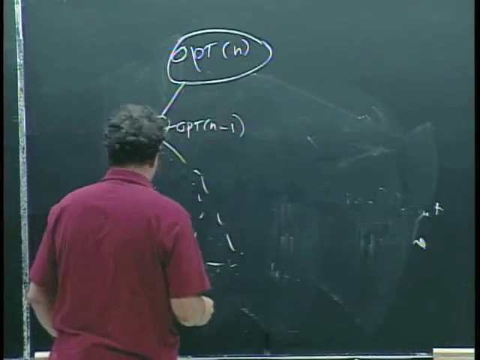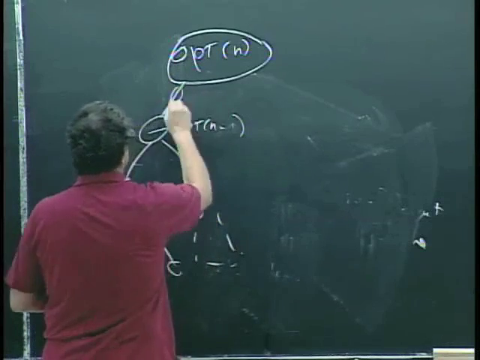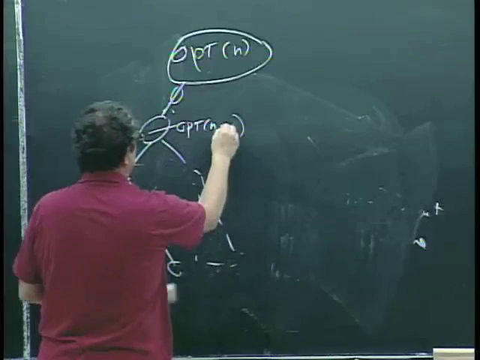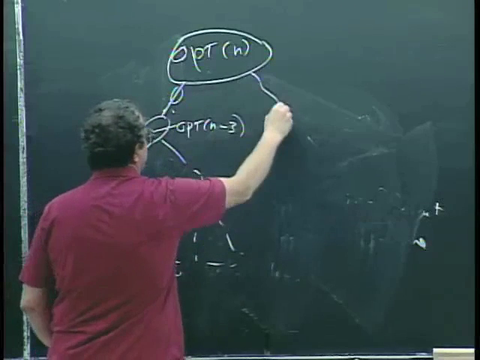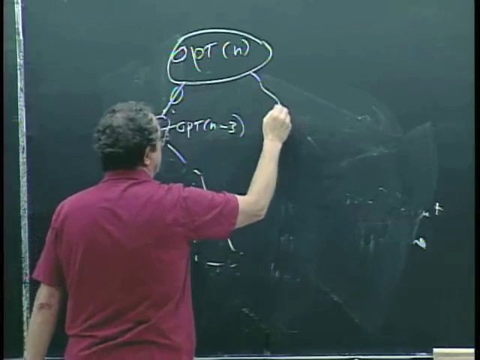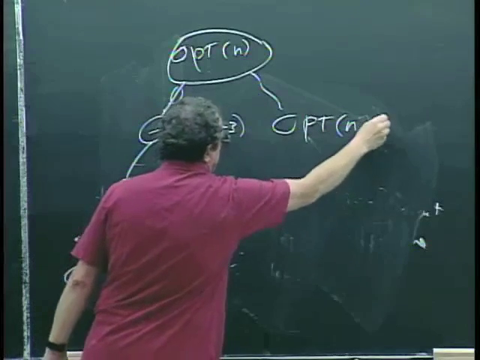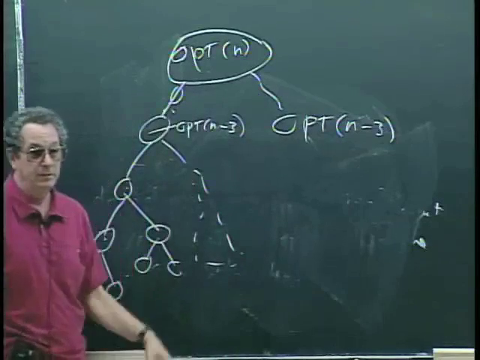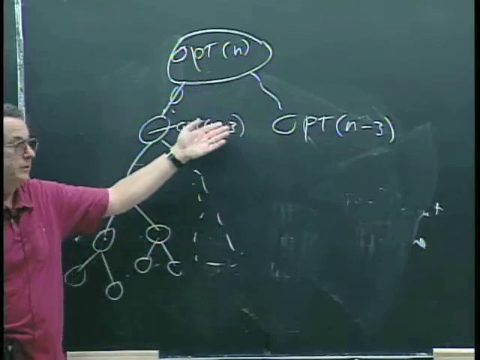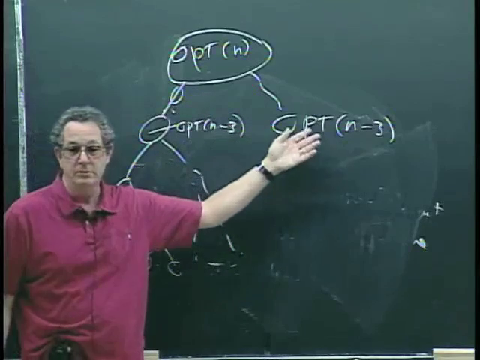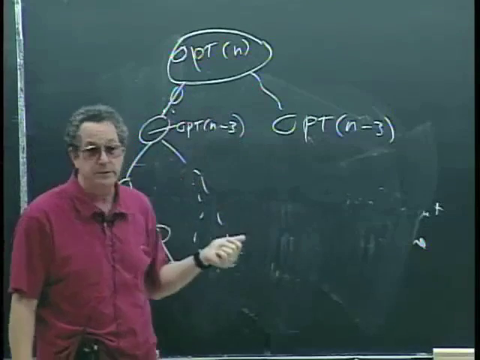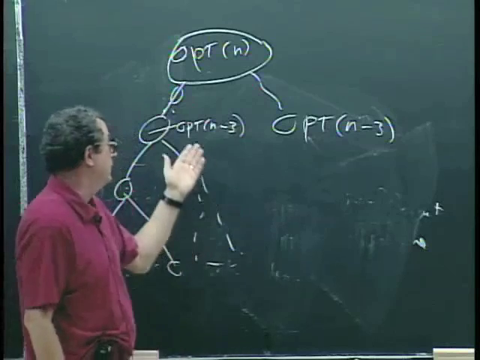Let's say this is n minus 3 or something. Okay, so over here, you get down to a place where you're about to call opt n minus 3 in the top-down recursion. You're about to call opt n minus 3, but you don't. Instead, you look up in the table to see if that's already known, and it is.